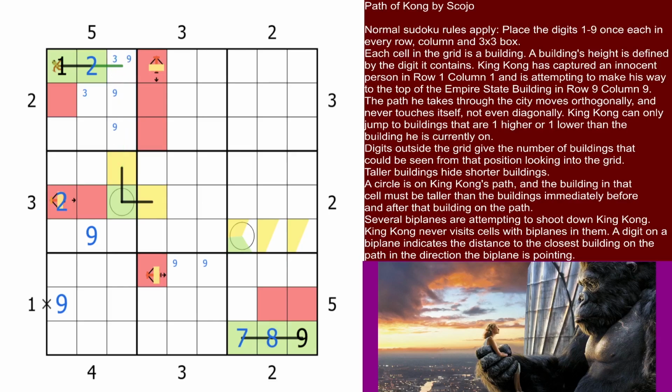So path cannot go here, because if path goes here, it will directly touch here, but then you cannot have 9 there. So path is definitely moving here, and that's on the path. And once that's on the path, we know that this is not on the path. That's not 3.